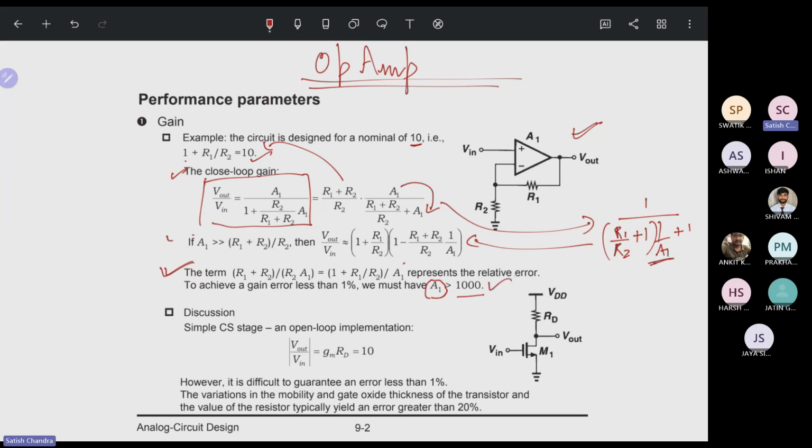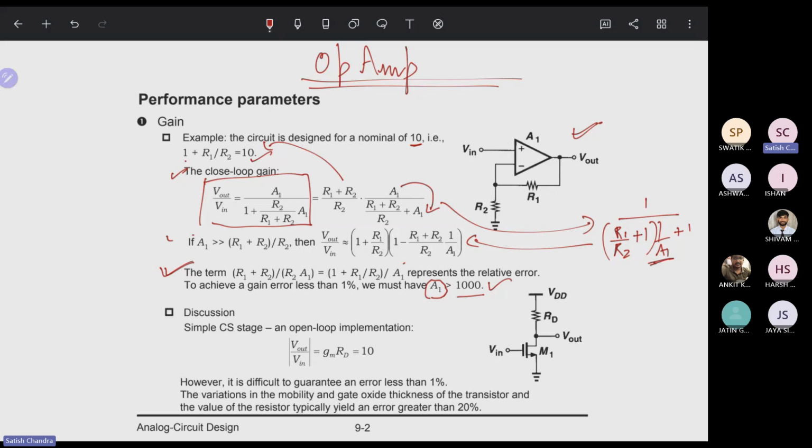But what is going to happen if we design an amplifier with a common source, in MOS technology? With the help of a common source we design it, and we require this part to have a nominal gain of 10.